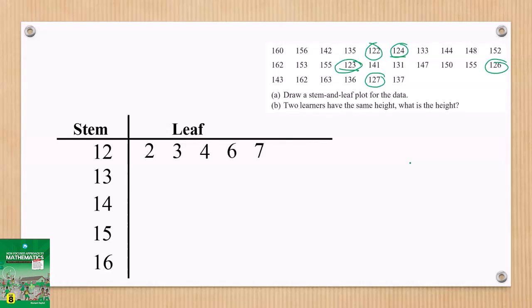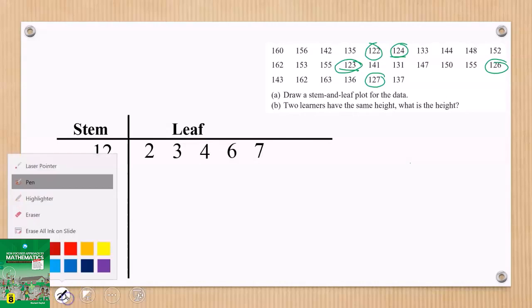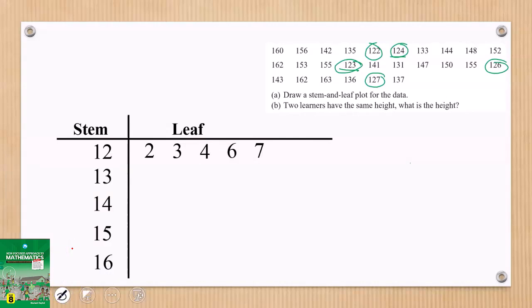Then we come to the next one that has 13 as a stem. So we are looking at 13 and then the number that follows. So that also we can start from here: 1, 2, 3, 4, 5, okay, 5 so far.